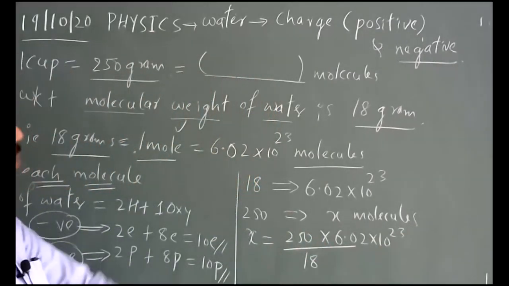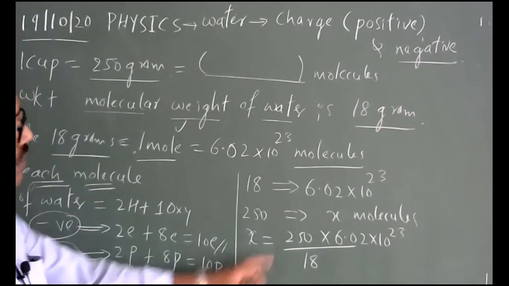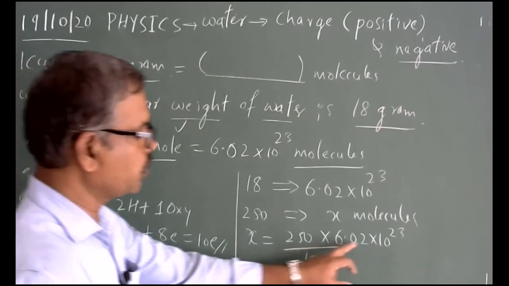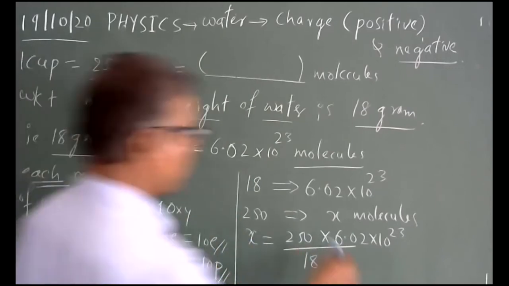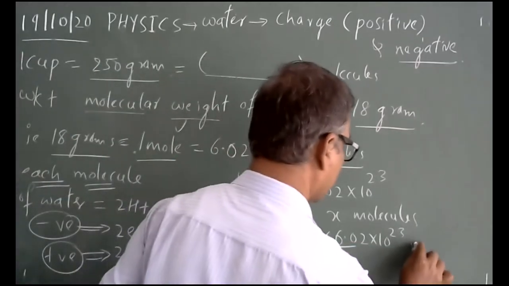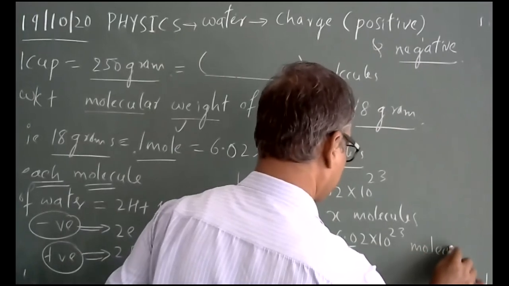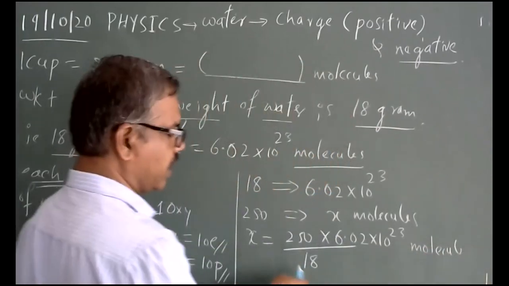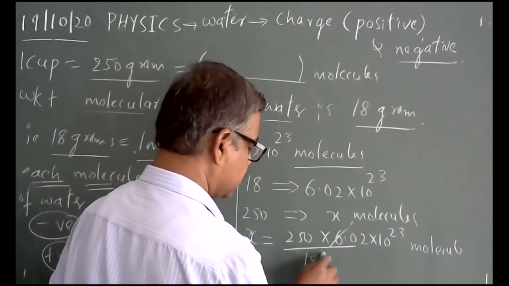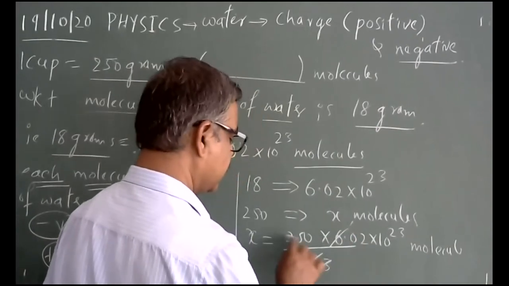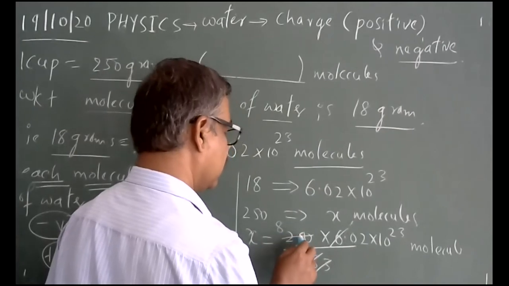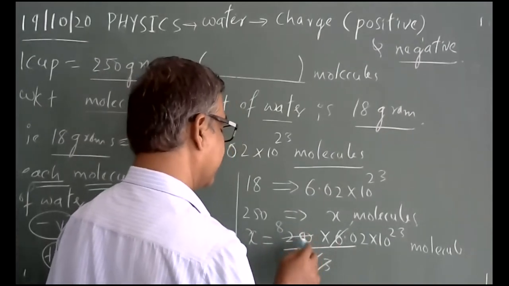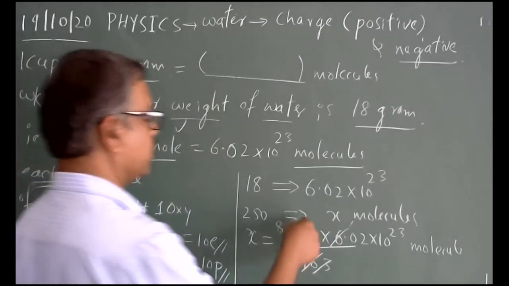So when I do the mathematics, 250 into 6.02 divided by 18, because 250 grams of water. Now, this is going to be molecules. To make it very simple, 6 × 1, 3 × 3, 3 × 8 is 24, and left with something like 240, something like 83.